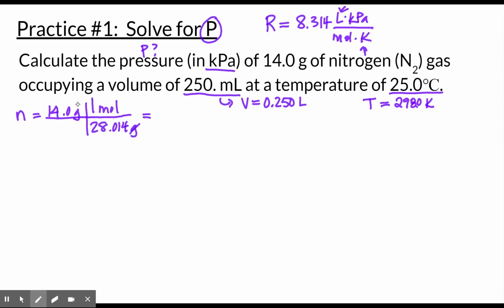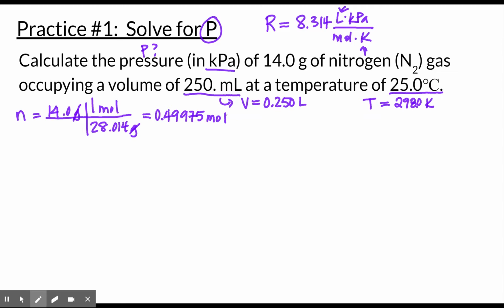When you cancel out the grams and do your dimensional analysis, you get 0.49975. You actually get a lot more decimals after that, but as a habit, I would always carry more decimals than you normally would in the course of solving the problem, and then you can figure out your sig figs later. Don't stress about sig figs in each problem more than once.